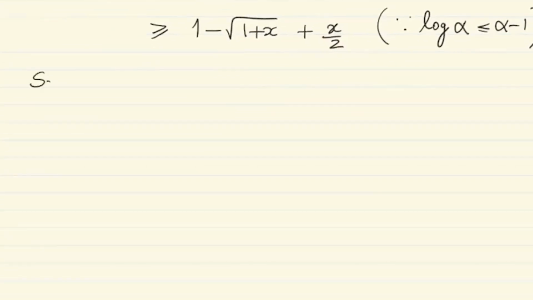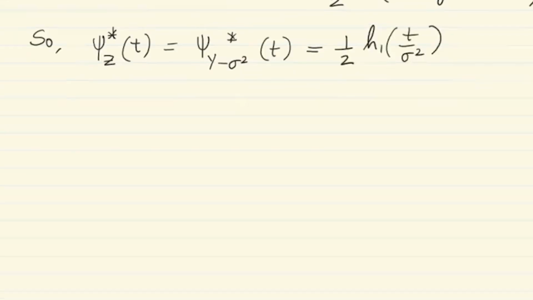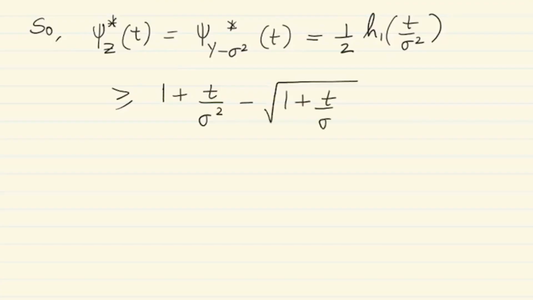So using this, we get that the Cramér transform of Z at t, which is the same as psi of Y minus sigma square, star at t, which was earlier found to be half h1 of t by sigma square, using this bound is at least 1 plus t by sigma square minus square root of 1 plus t by sigma square.